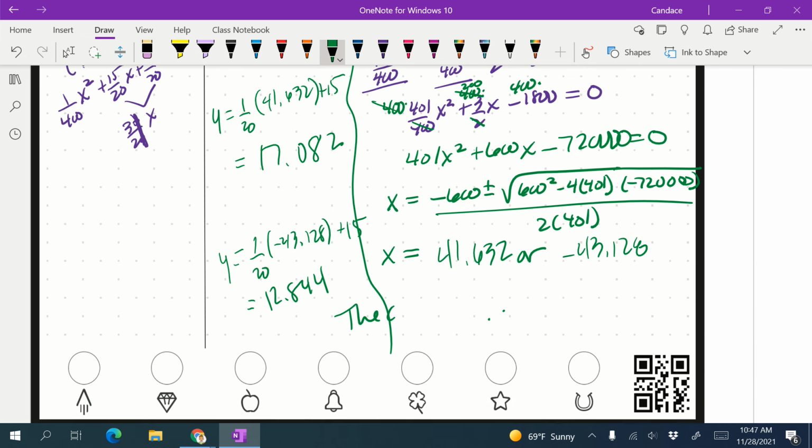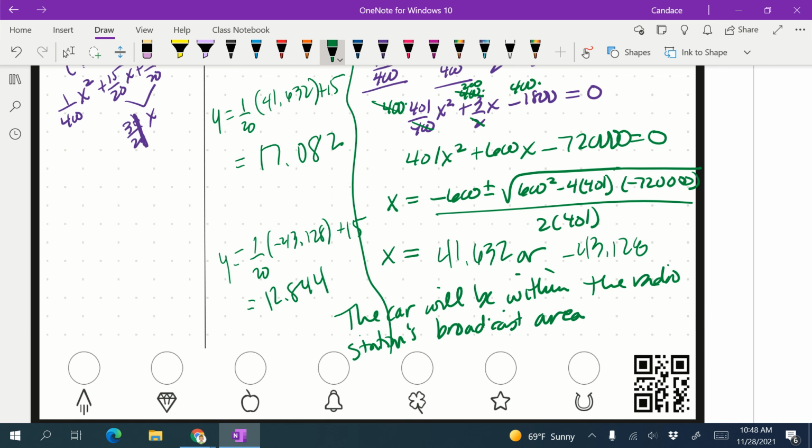So the car will be within the radio station's broadcast area between the points negative 43.128, 12.844, and 41.632, 17.082.